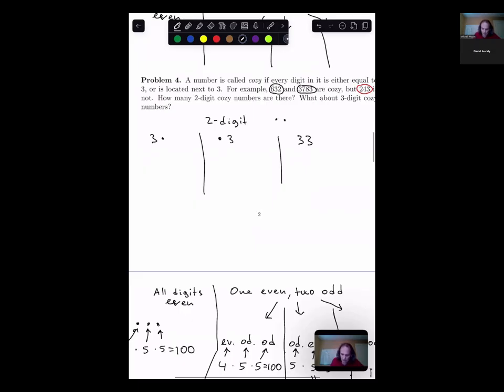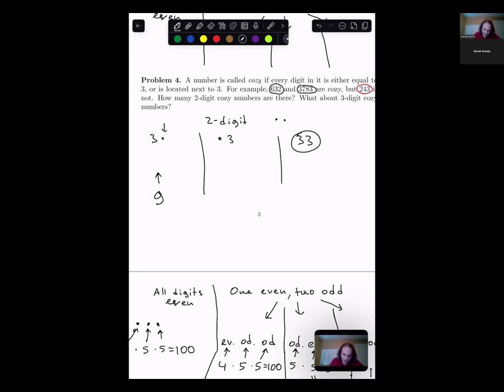So how many options do we have in the first case? 10, right? The second digit can be anything. Oh no, 9. I'm sorry, 9. I don't want to count 3, 3, so I don't want it to be 3.